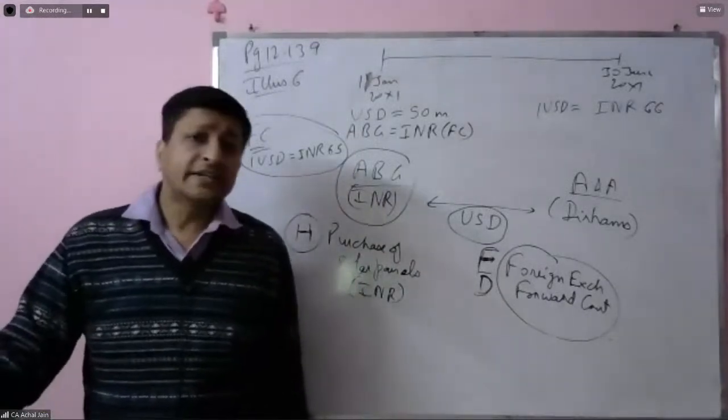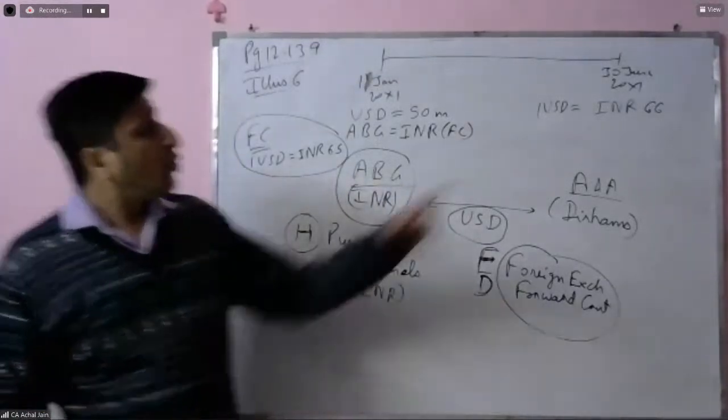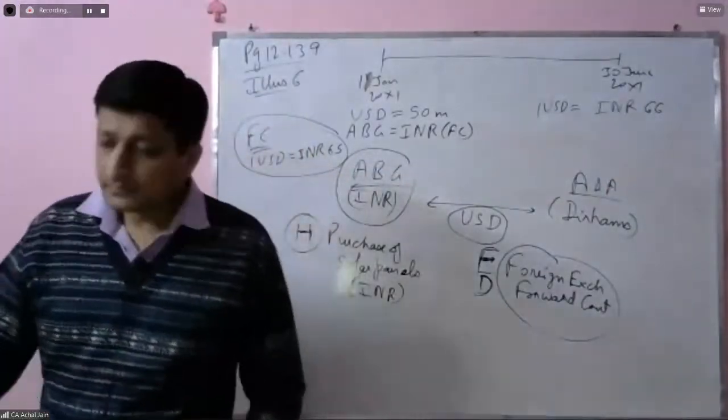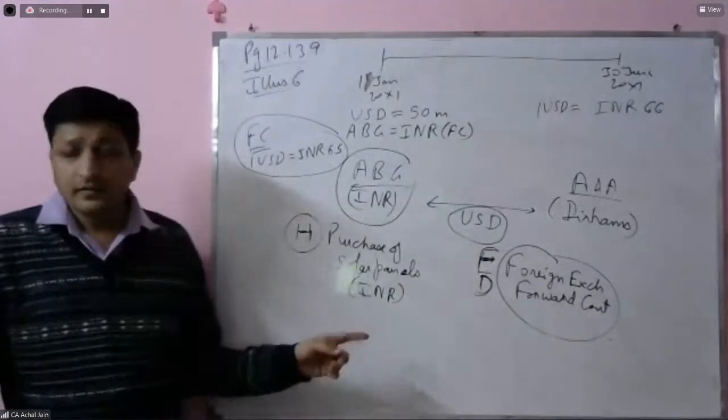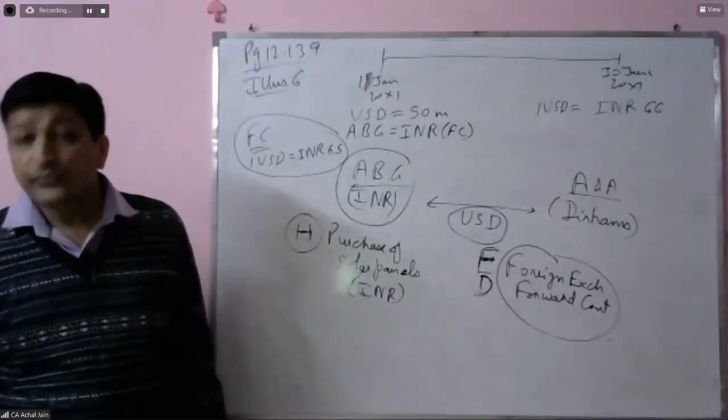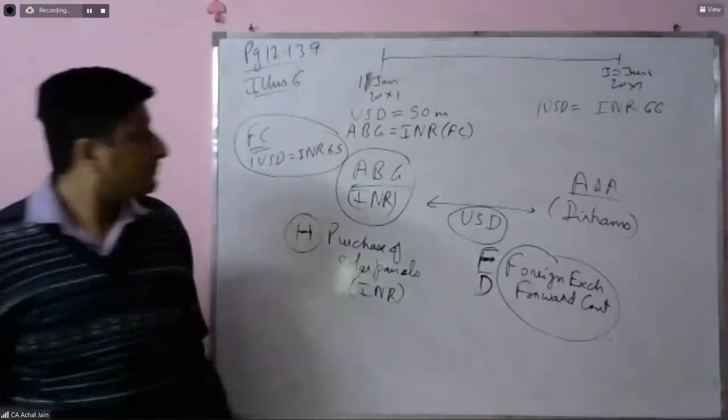Now, considering this, what will happen? On this date, settlement will happen at 66. So what is required to be paid? The amount that is required to be paid is 50 million USD.